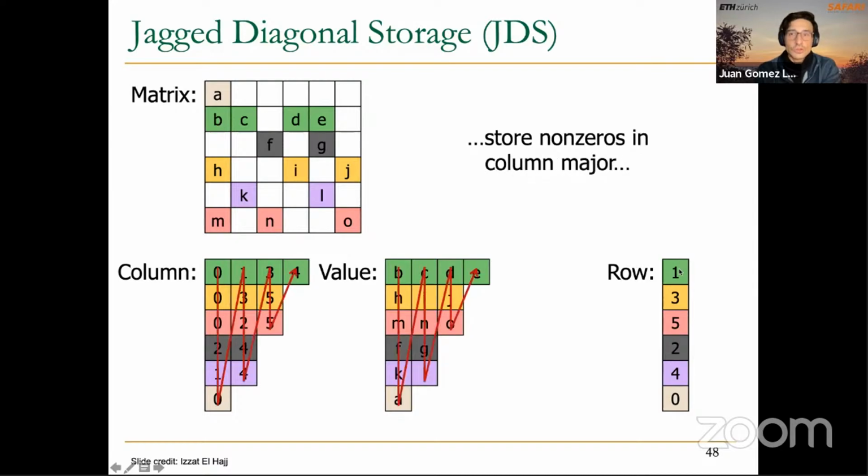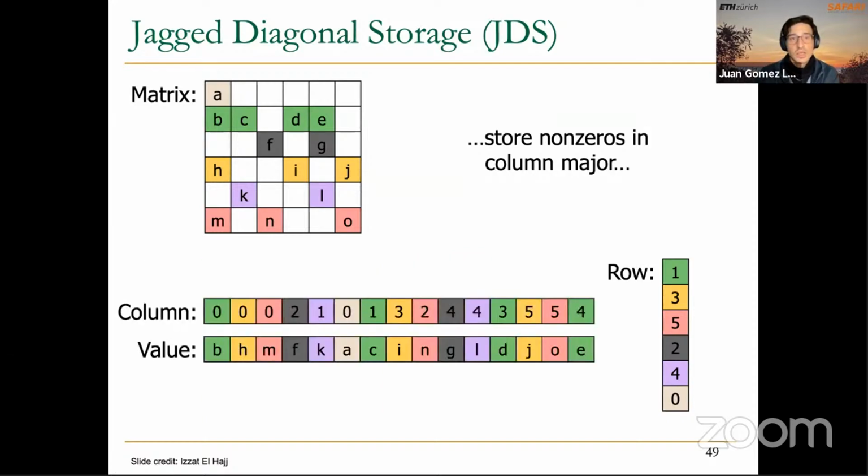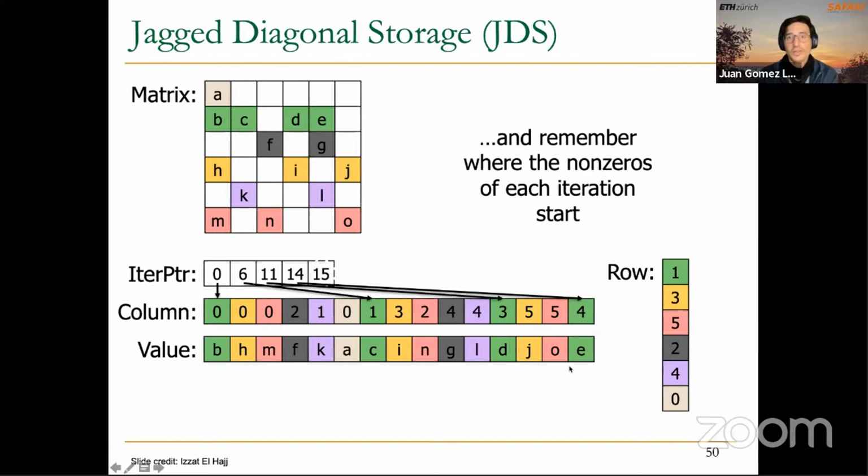And then also, same as in ELL, we are going to store these in column major order. We have already seen that one good thing of column major order is that we have coalesced memory accesses. So this is how the matrix is going to look in memory: the column array, the row array, and the value array. And there is one more thing that we add here, an iteration pointer.